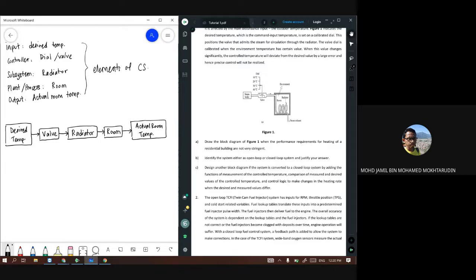The steam boiler should be part of the elements because it releases the heat.